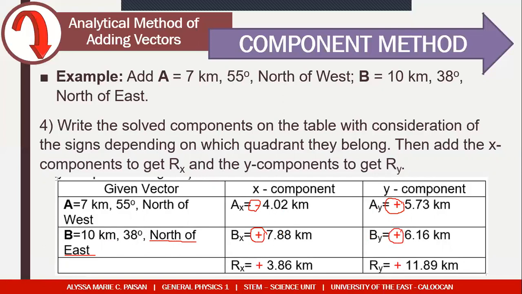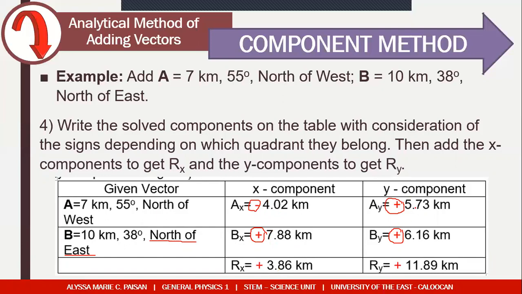Okay? After that, we will add together the x components of the individual vectors and the y components of the individual vectors, considering the sign. So if we add this together, negative 4.02 plus positive 7.88, the answer is positive 3.86.